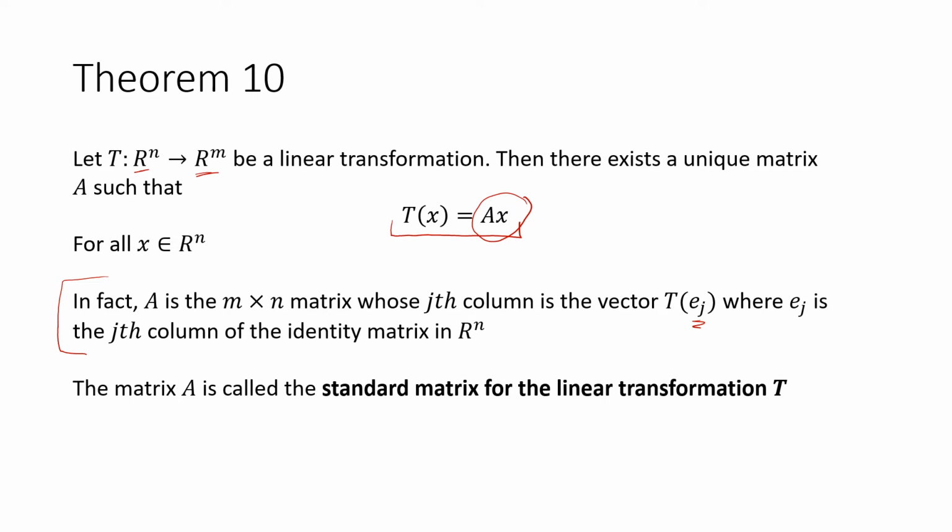If I have that, that is all that I need to find my matrix. And as soon as I have my matrix, I know exactly what my transformation is, because now I can define it for everything. And this matrix has a name. If I have the linear transformation to start with, and I get the matrix, it's called the standard matrix for the linear transformation.